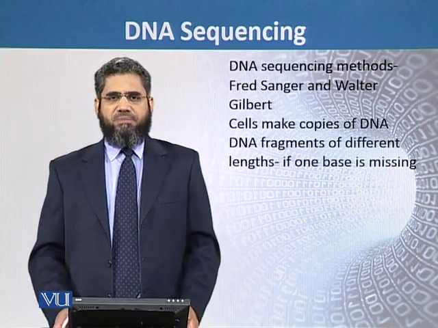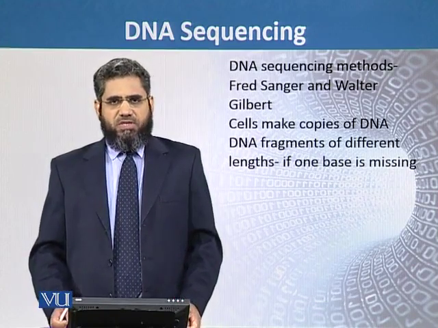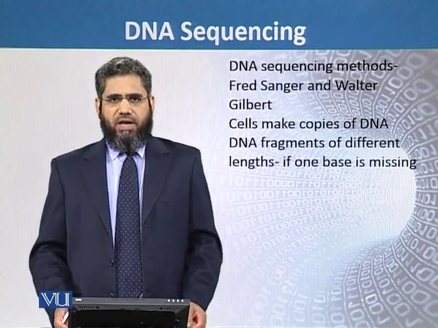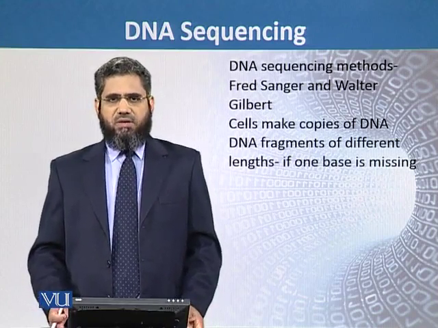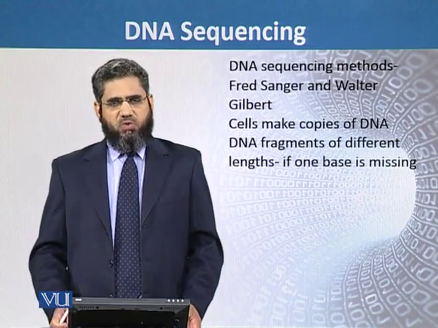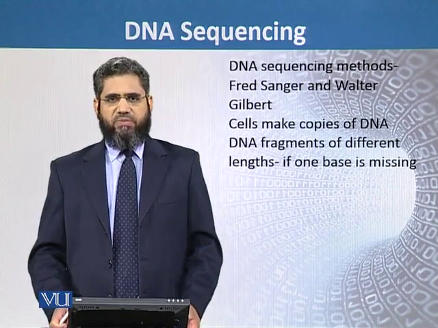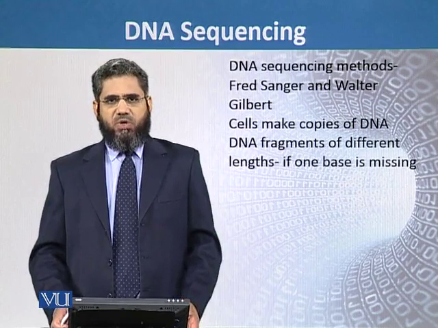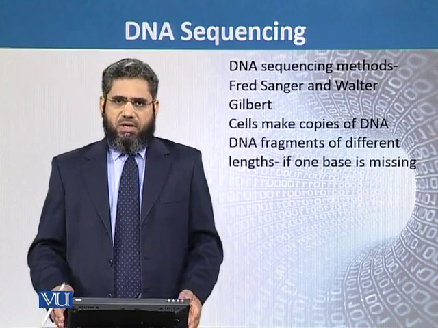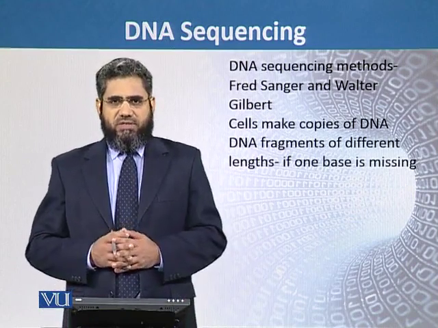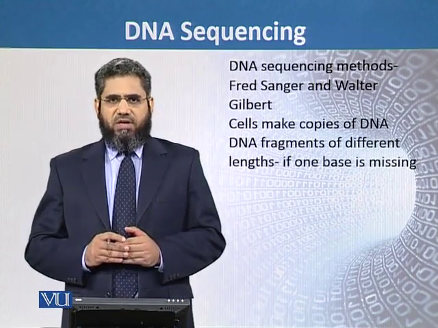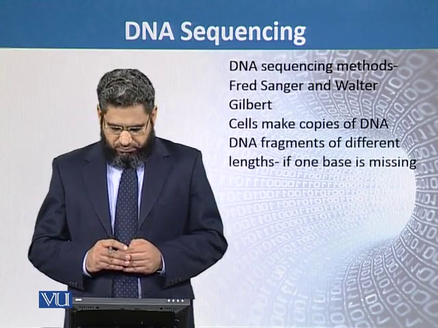In that method, he sequenced the unknown DNA fragments by adding the nucleotides one by one. When he was performing these experiments, he came up with the idea that he could produce fragments of different sizes, and this would help in sequencing the DNA fragments.